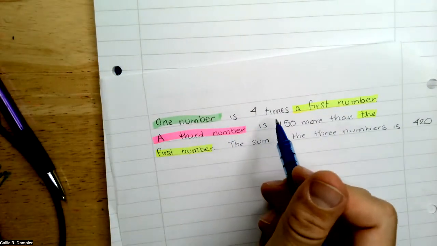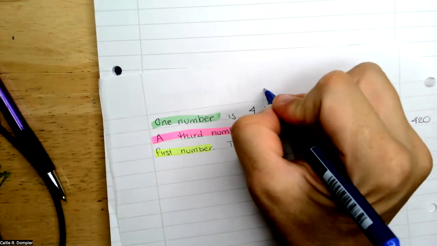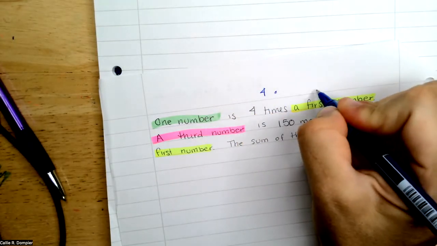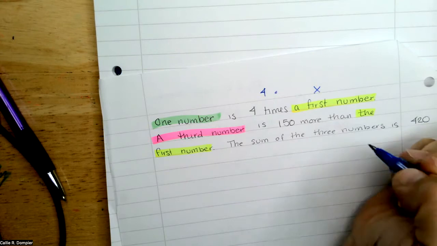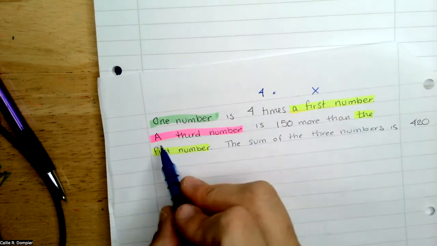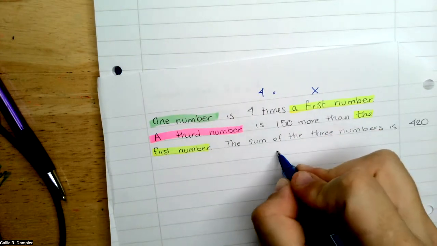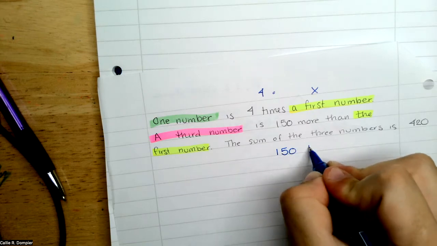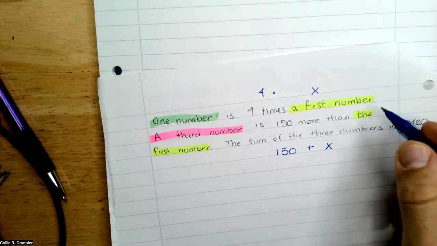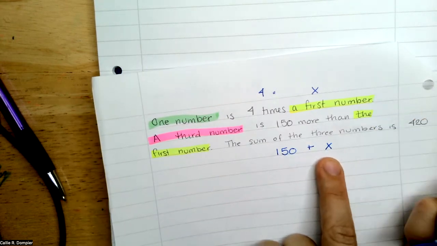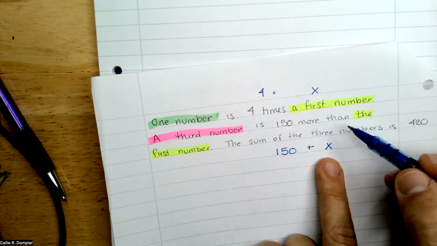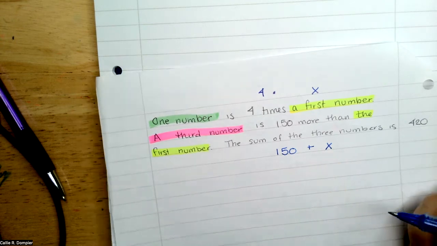Good? So same thing here. One number is 4 times a first number. A third number is 150 more than the first number. The first number is what we decided is x. The sum of the 3 numbers is 420.